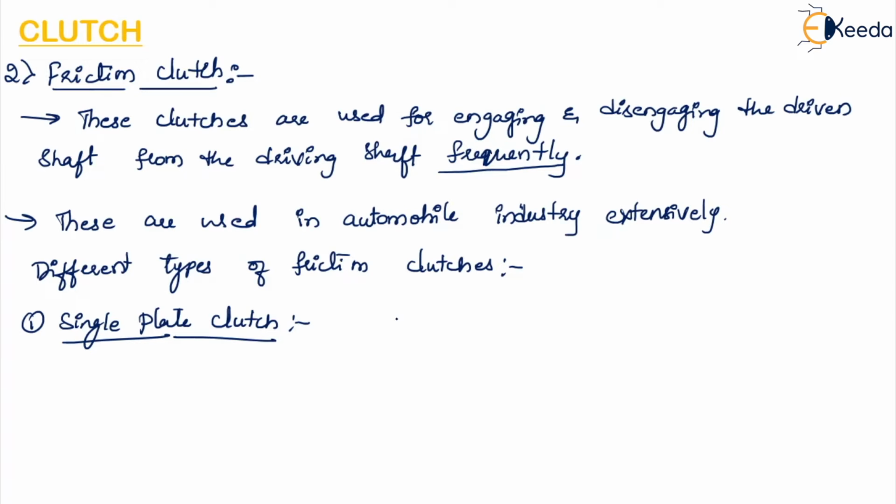The single plate clutch consists of two flanges with friction lining on one flange, which is mounted on the driven shaft. So there are two flanges.